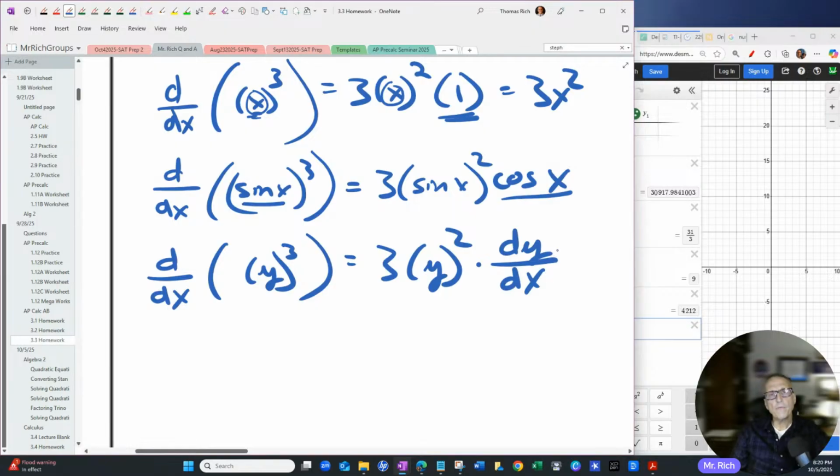So every time we take the derivative of the y variable in these equations that we're about to work, we're going to tack on by the chain rule a multiplier of dy dx. That's how we handle derivatives of y that are mixed into our function along with the x's. We treat it just like it was an x variable, except for the fact that by the chain rule, we have to add a multiplier of dy dx.